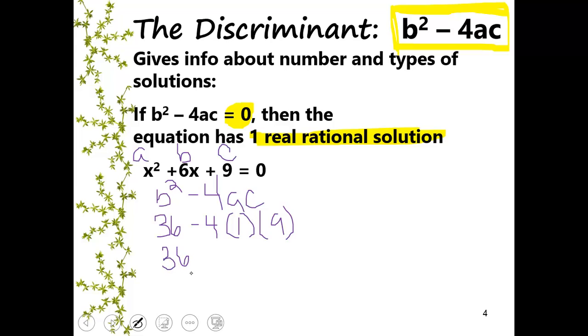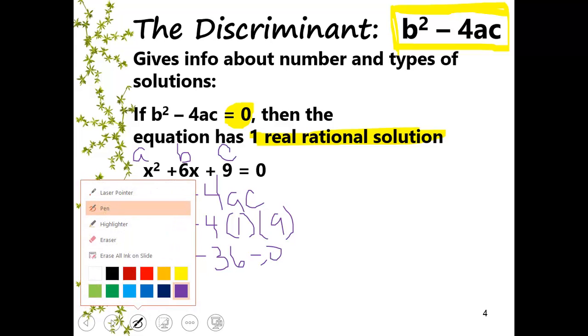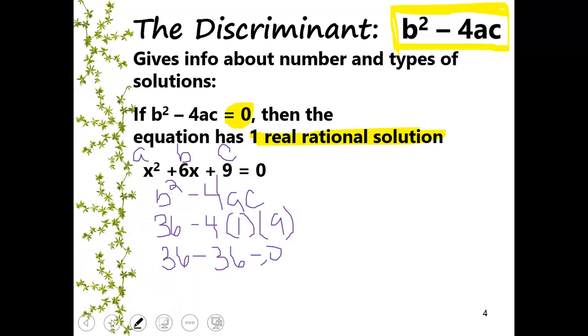And I get 36 minus 36 equals 0. So because I have a value of 0, then I can automatically say, without even solving this, that I have one real rational solution.